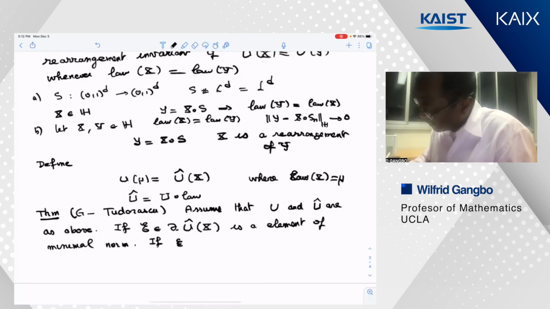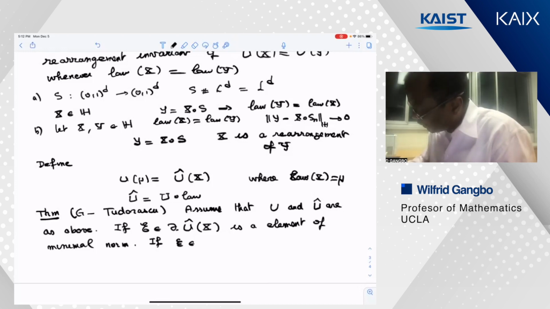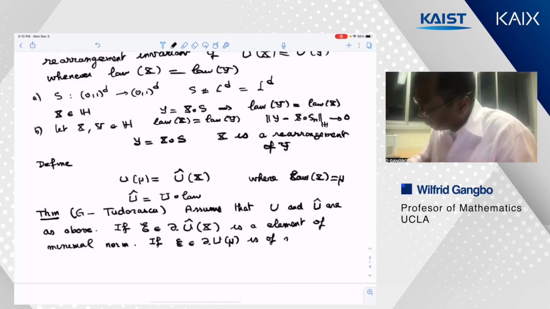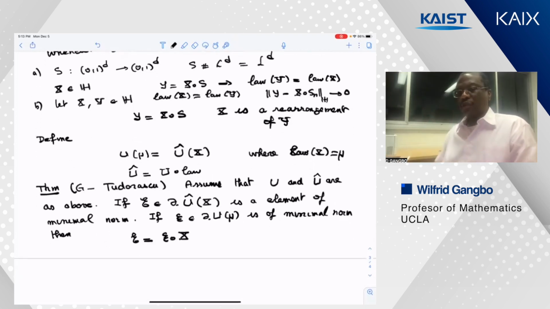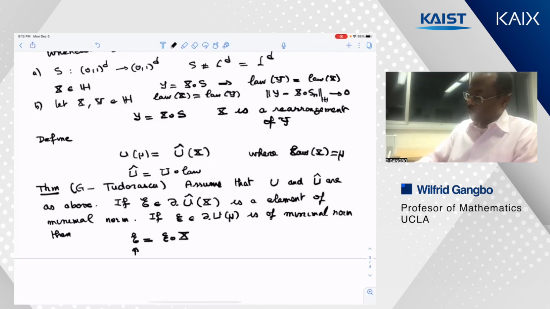If psi is in the subdifferential of U at mu and is of minimal norm, then you have a factorization zeta equal to psi composition X. So this gives you a relation between the Hilbert gradient and the Wasserstein gradient.